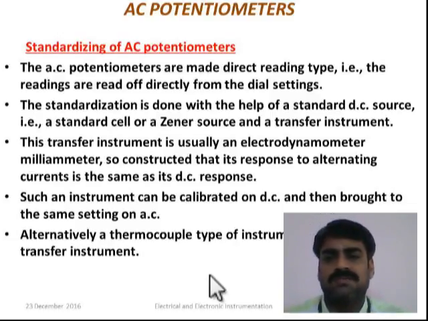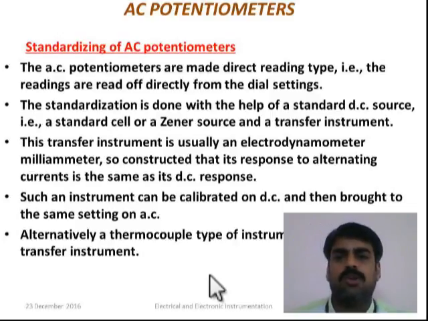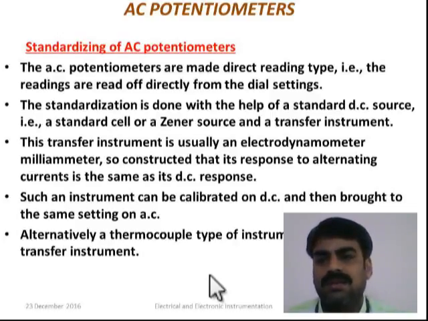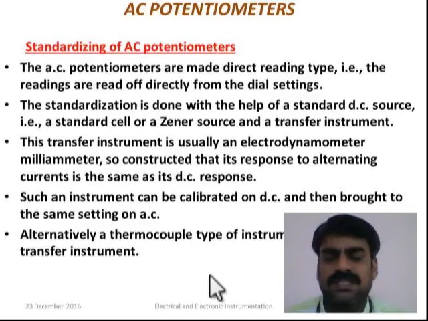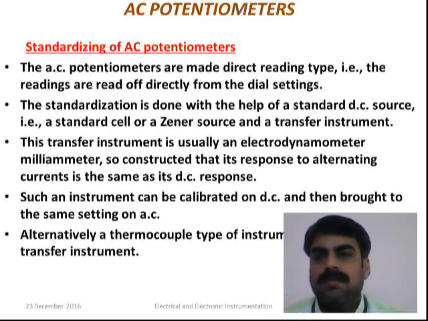What is a transfer instrument? The transfer instrument is usually an electrodynamometer milliammeter, because here we are particular about a milliammeter. It is considered that its response to alternating currents is the same as its DC response.